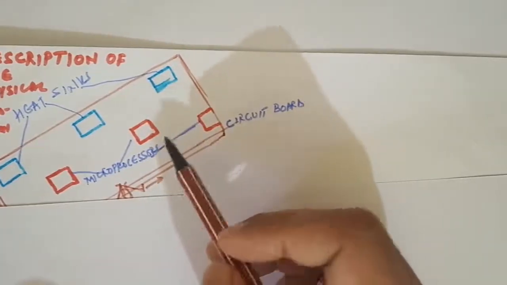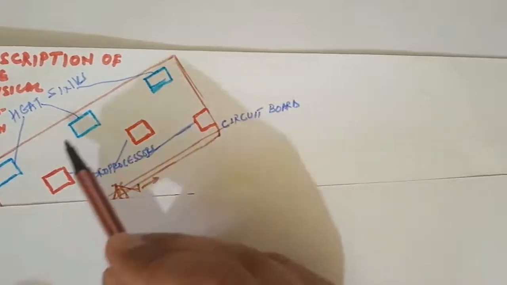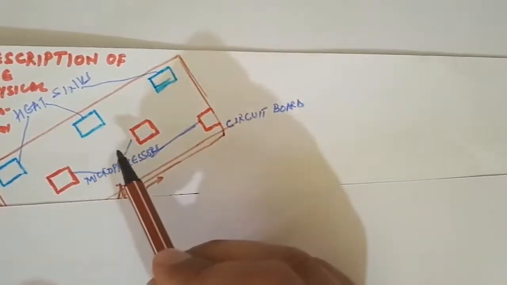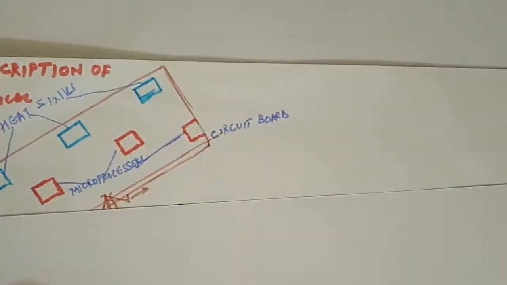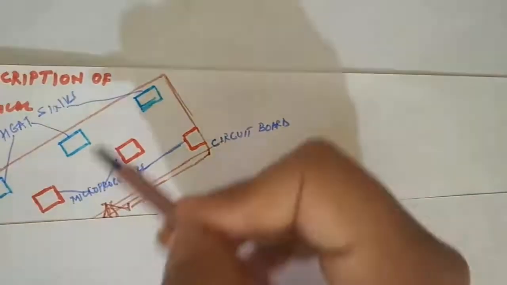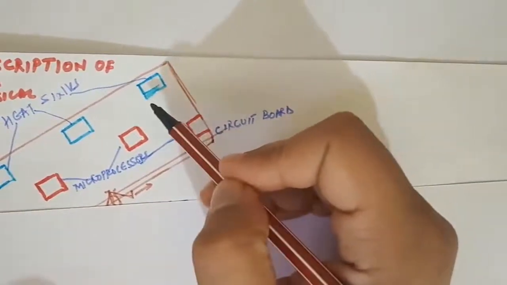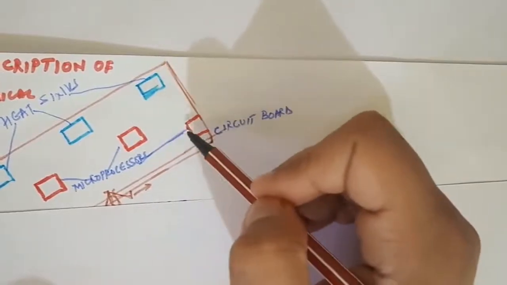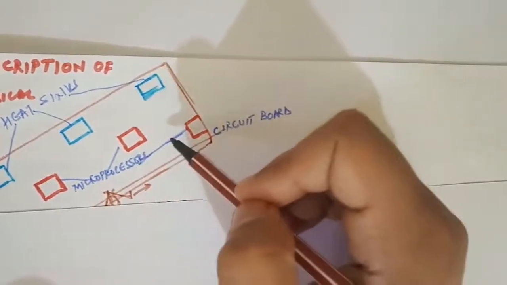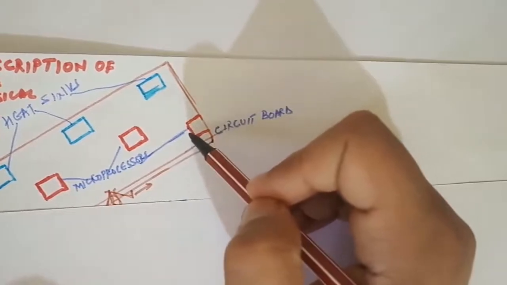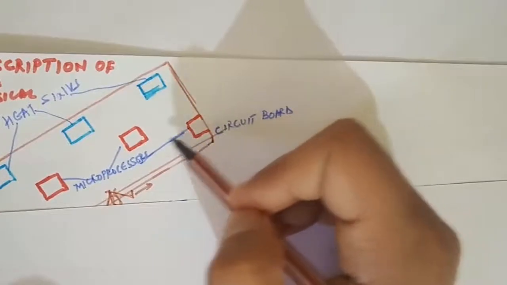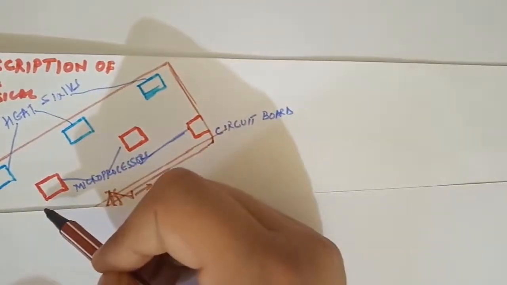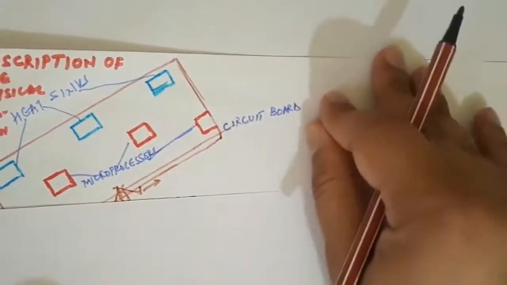So for instance, we are given this kind of situation and we are asked to find out whether these heat sinks would be sufficient for proper operation of these microprocessors, because if these microprocessors are not able to dissipate heat finally to the heat sink, the performance of these microprocessors will be hampered.